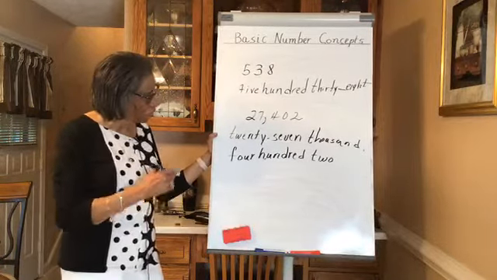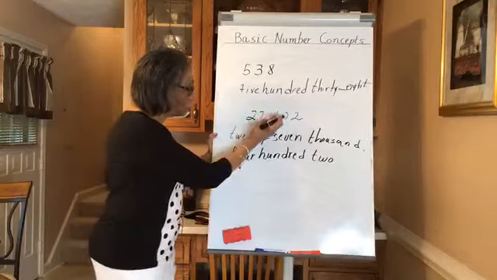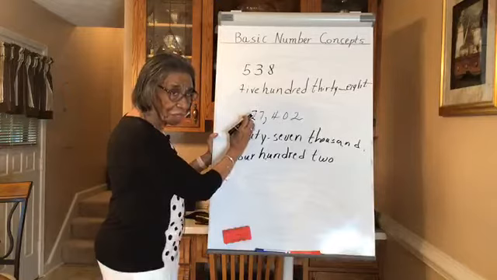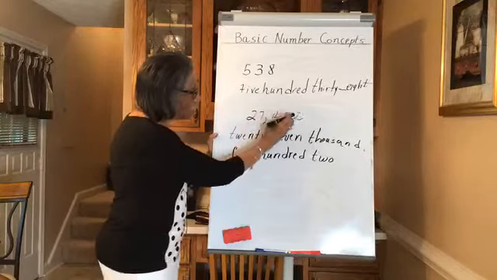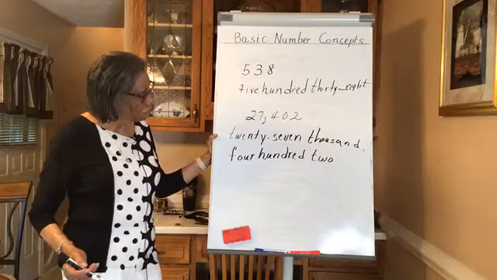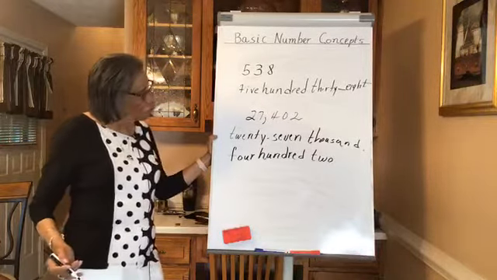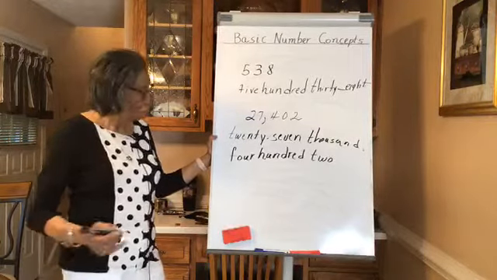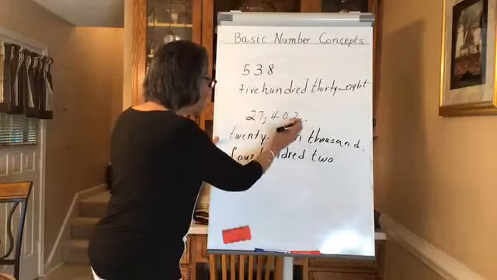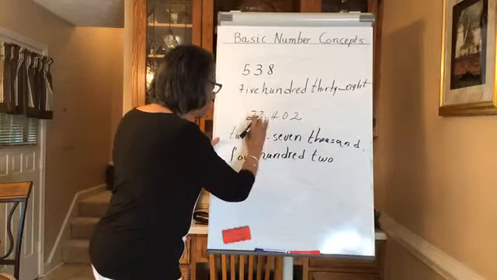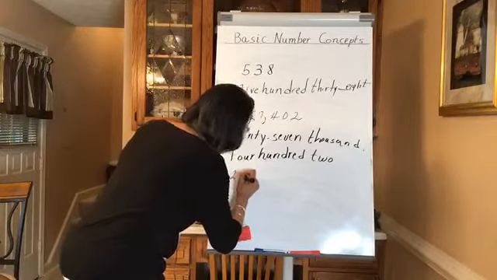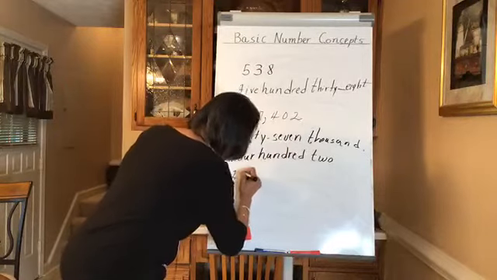So you start with the 2. First, you have to know what place it's in, and then it tells you the value, and so on. All right, so the 2 here is in ones, tens, hundreds, thousands, 10,000s. So that's 2 and 1, 2, 3, 4 zeros.